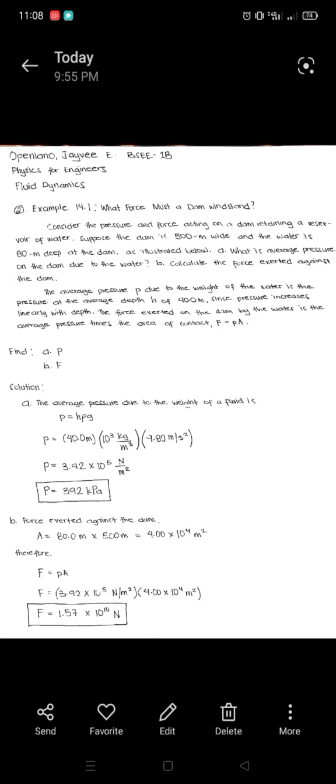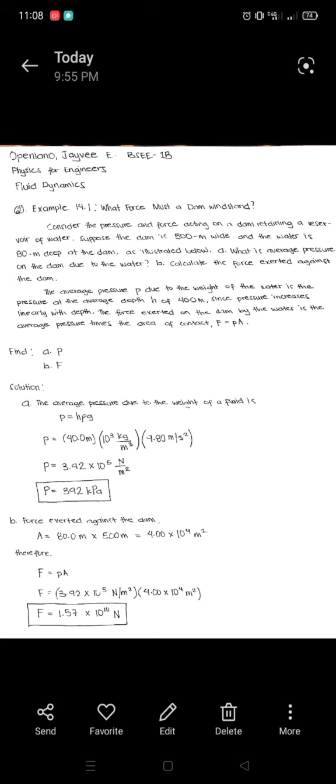So the answer would be 3.92 times 10 raised to 5 Newton per meter cube, and we all know that 1 Newton per meter cube is equivalent to 1 Pascal. So we can say that the pressure is equal to 392 kilopascal.